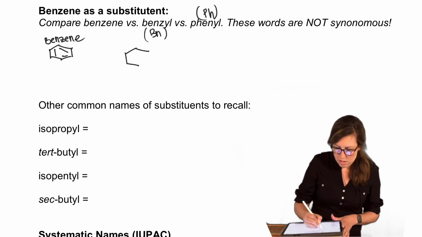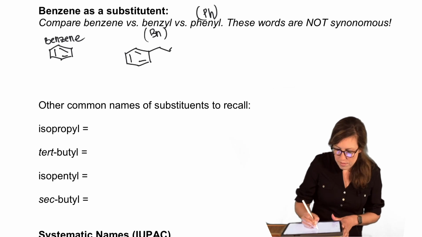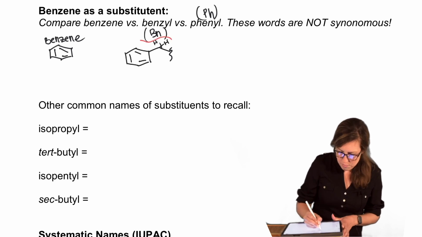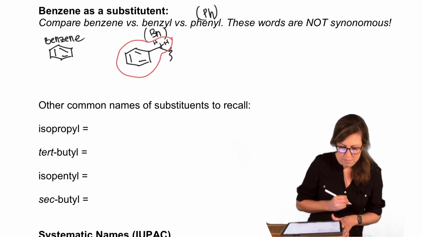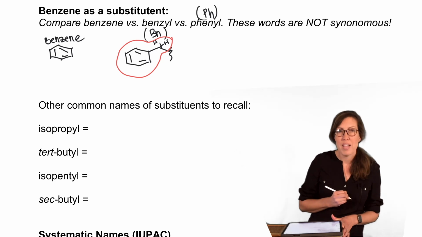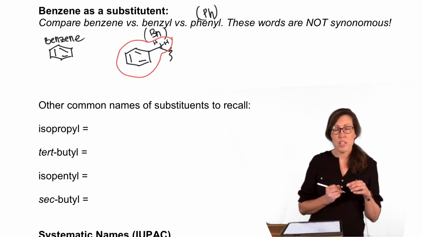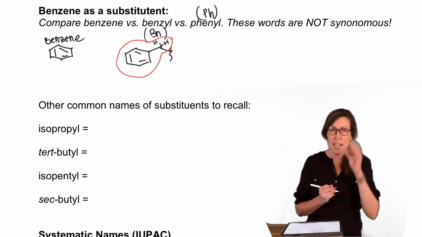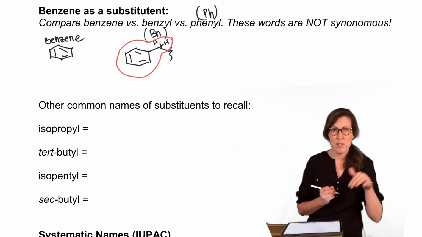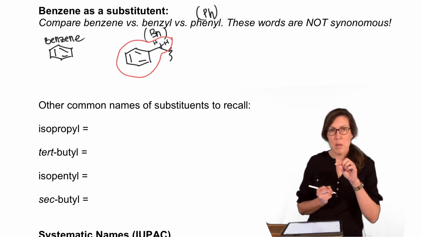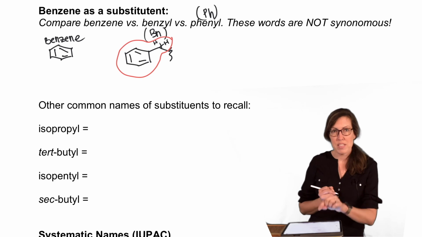Benzyl actually means we don't just have benzene, but we have this CH2 here. It has to be there. So benzyl is this whole piece. It's actually a reactive H. We could take it off. It's pretty acidic because of the resonance that it gives. So we might say benzylic H. What do we know about benzylic protons?